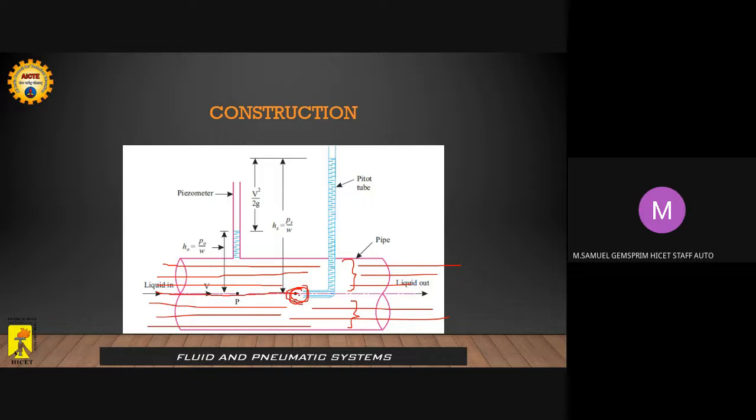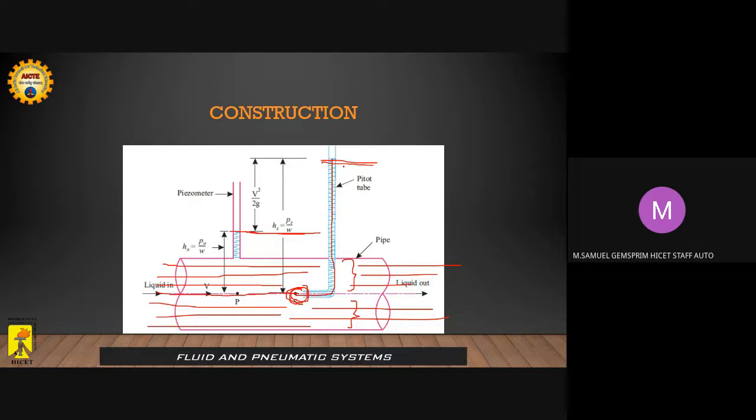So what happens now? The kinetic energy is converted to pressure energy. Thereby, the pressure makes the water level increase. This is how the normal water level is maintained. This is the stagnation pressure. But here, if you check, we get the increased pressure value.